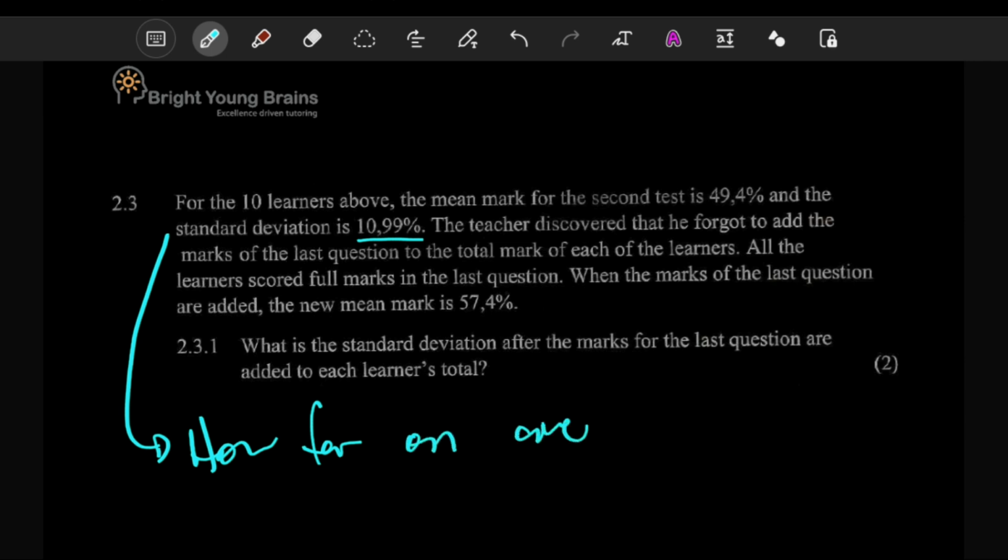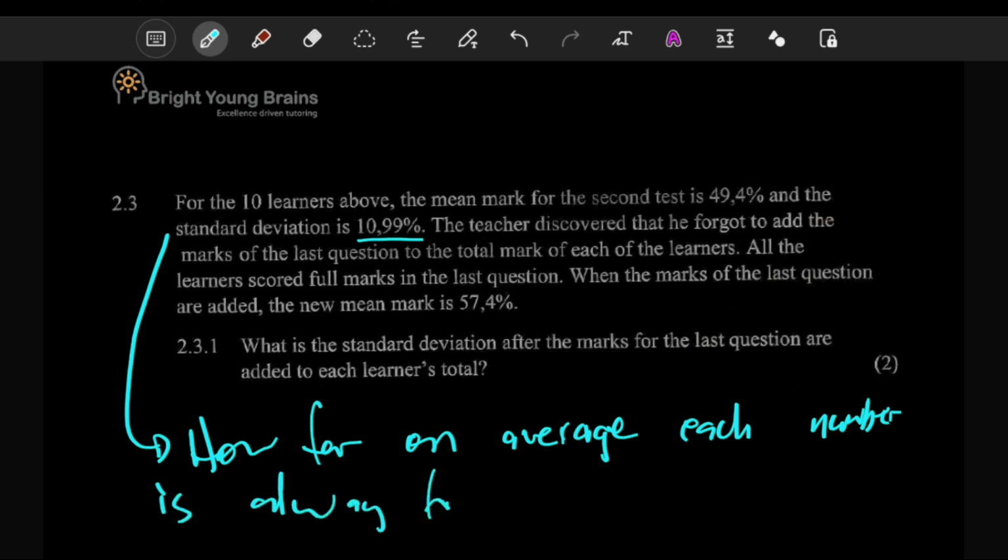Standard deviation is how far on average, let me make sure that this word is clear, how far on average each number is away from the mean.